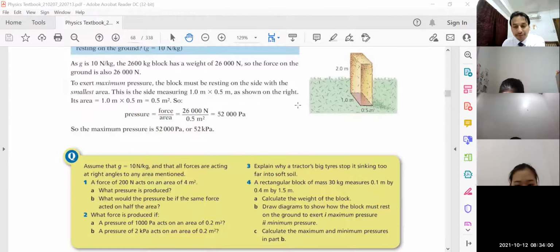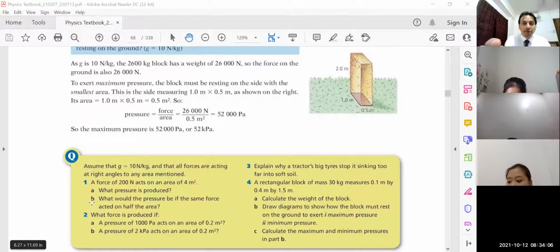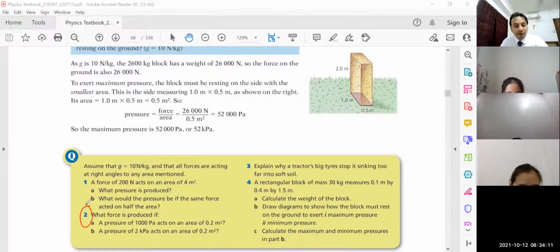And I want to take question number 2. Come to question number 2, children. I'm not doing all questions. The rest of the questions you do yourself. What force is produced? Force you need to calculate, children, if pressure is there and area is given. So it's a very simple question.